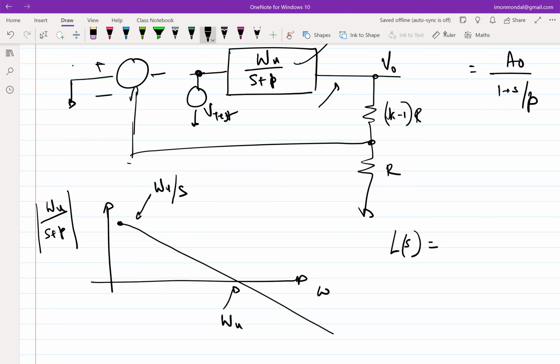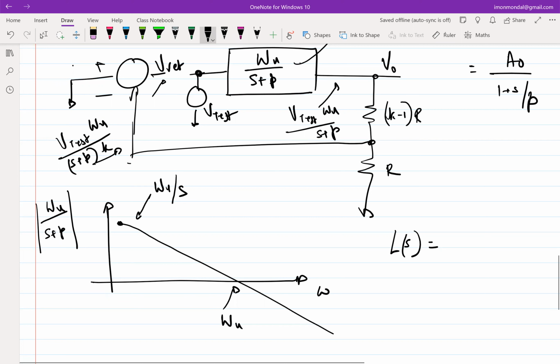The output is V test omega u by s plus p, and this becomes V test omega u by s plus p times k, and minus of that appears here. That is the return voltage, which means L of s is minus V test by V return, which in this case is omega u by k times s plus p.